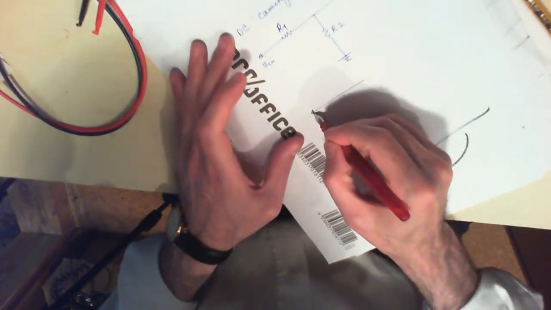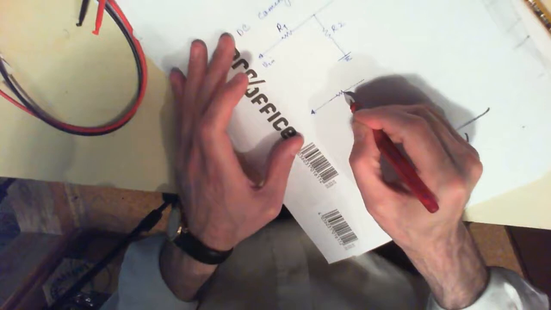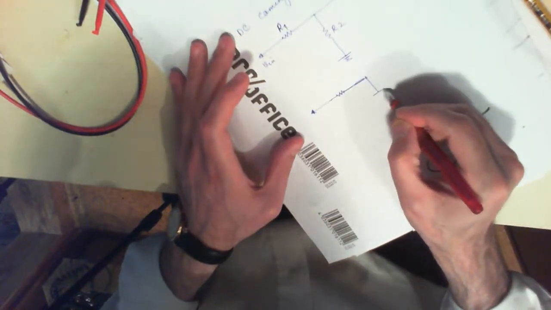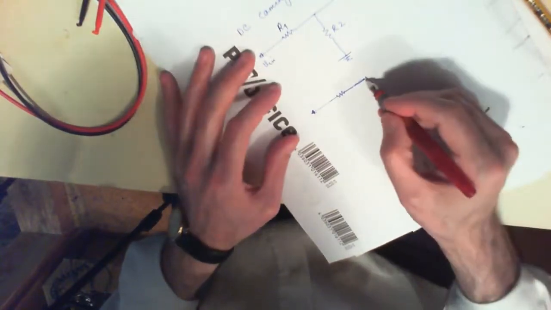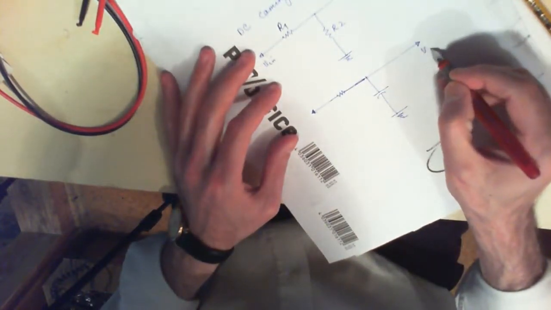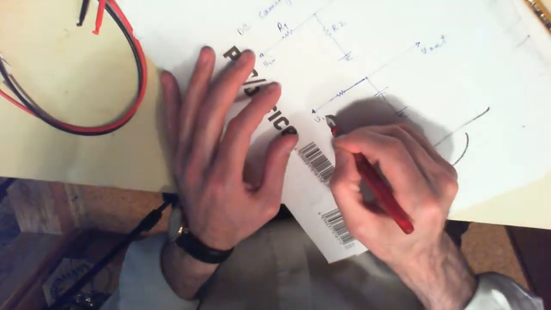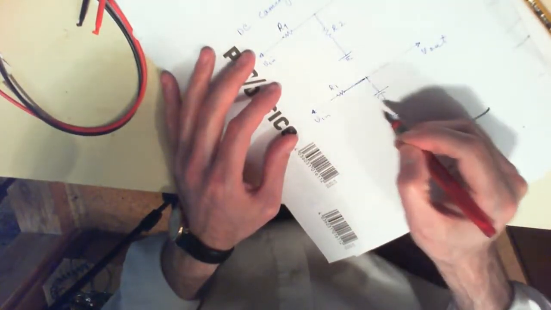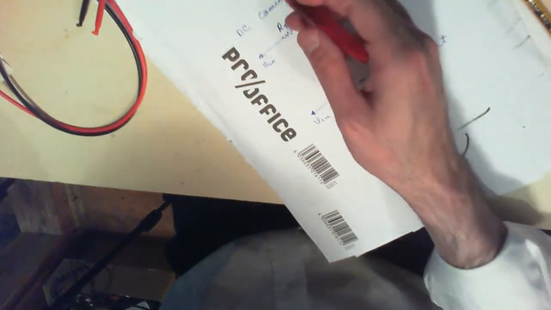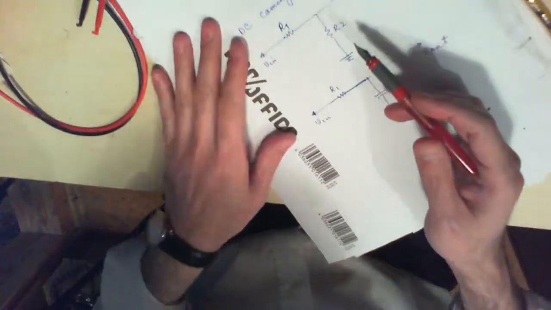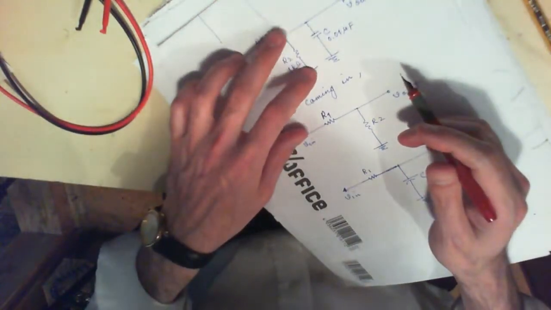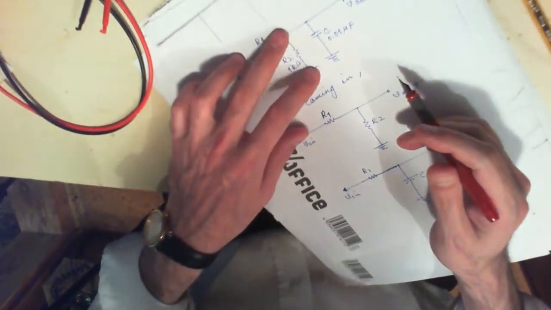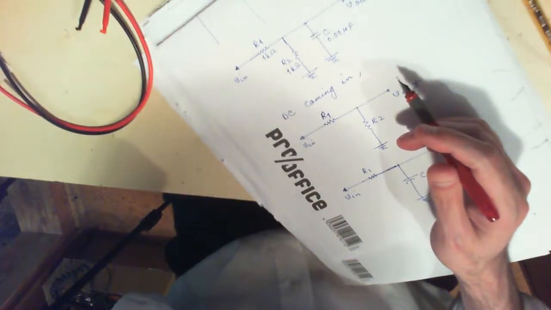You have your voltage coming in here, you have your resistor, and then you have your capacitor, and the capacitor goes to ground. This is your V out, this is V in, this is R1, and this is C. For whatever reason, this R2 over here will simply not be there. We will see how that actually works out.